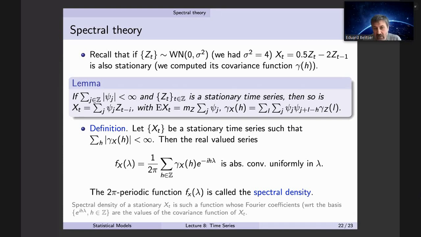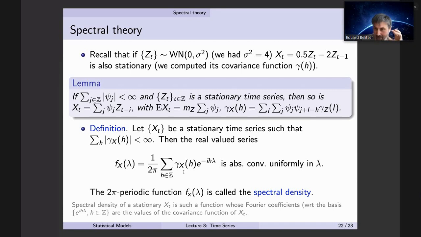And then imagine that the absolute values of this infinite sum converge. That's an assumption. But once we've done that, think of these numbers as the Fourier coefficients with respect to the exponential basis. Then we can make a function out of them.